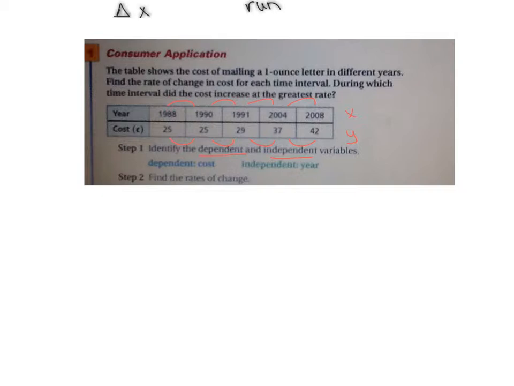So in this we have 88 to 90, and we want to find the change in y over the change in x. And when you're finding the change, you are going to subtract. Okay? So if we're looking at the years 1988 to 1990, what we're going to do is subtract.